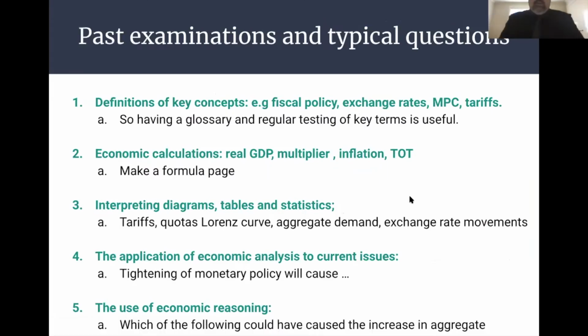So in a little bit more detail, typical questions. The key concepts that we spoke about: fiscal policy, exchange rates, marginal propensity to consume, tariffs, etc. You should have a glossary and regular testing of those. That could be something at the start of your study notes, key terms, and just constantly referring back to those.